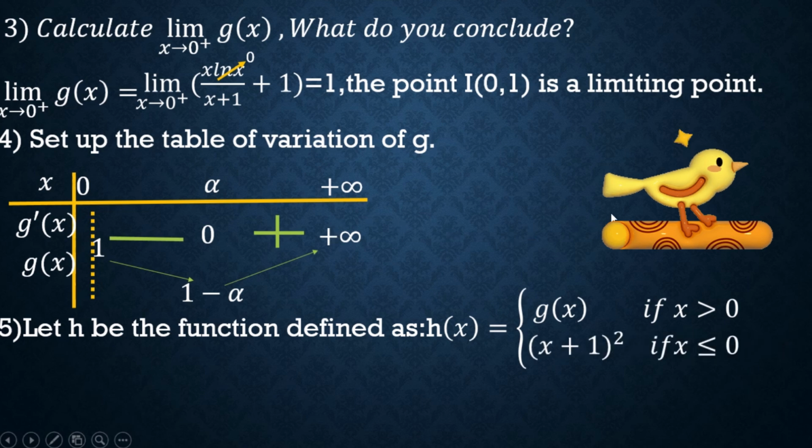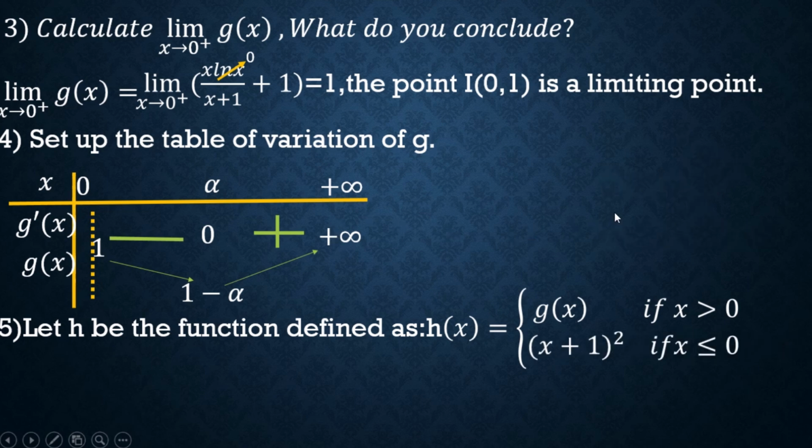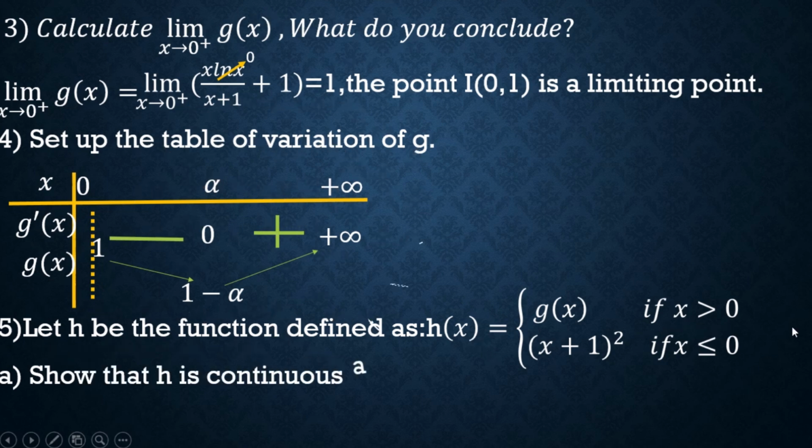Let h be the function defined as h of x equals g of x if x is positive, and (x plus 1) squared if x is less than or equal to 0. We have to prove that this function is continuous at 0, because it is continuous for every x different from 0. If x is positive, h of x equals g of x, which is continuous. If x is negative, h of x equals (x plus 1) squared, which is continuous.